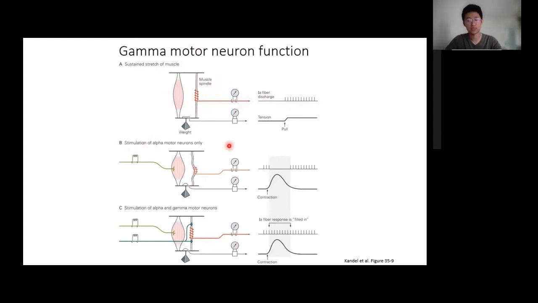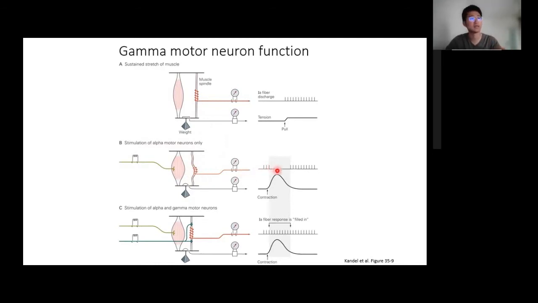And in the next condition, here is an alpha motor neuron. If we let it stimulate the muscle, the muscle contracts and becomes shorter. Because the muscle spindle is attached in parallel, its length changes together with the muscle. However, the muscle spindle becomes shorter, so the 1A axons also become loose, and they are not holding the muscle spindle.